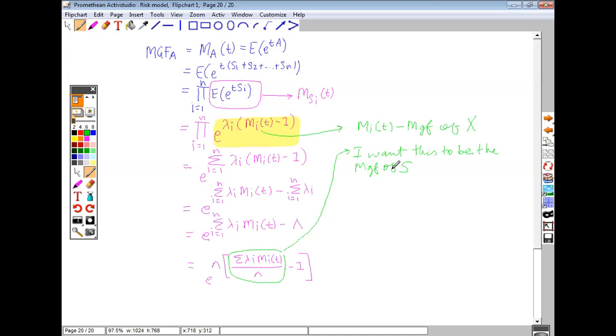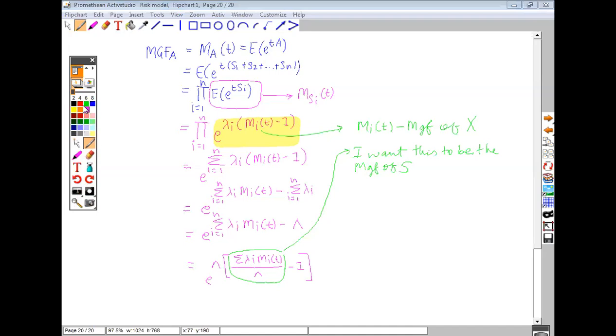Okay, so now what I'm going to do is derive my M of T here. So if I have to derive my M of T, what do I have to do? Remember, what is my F of X?